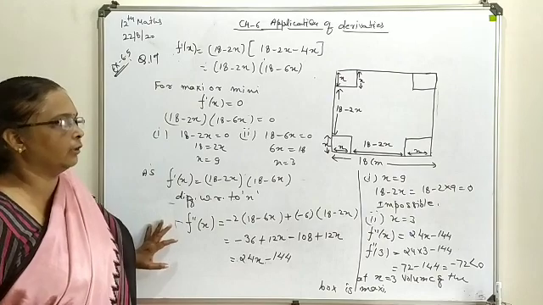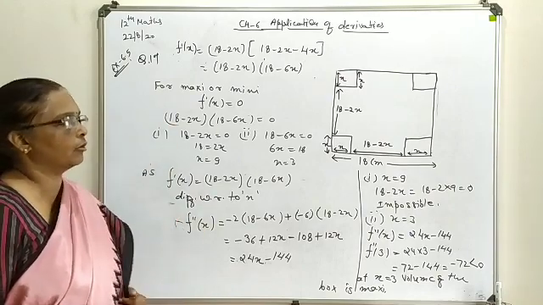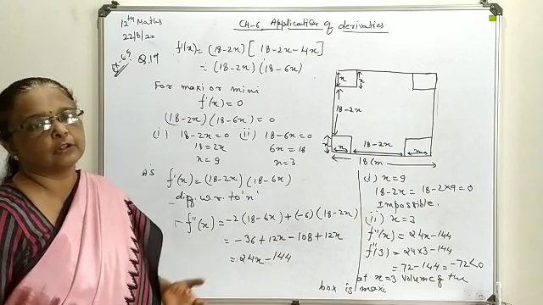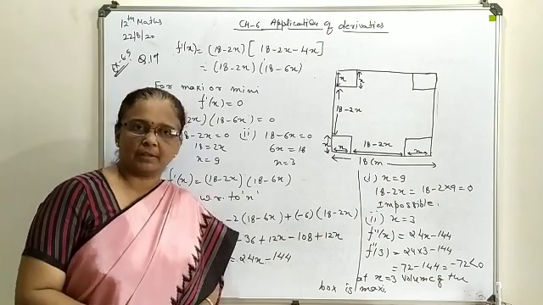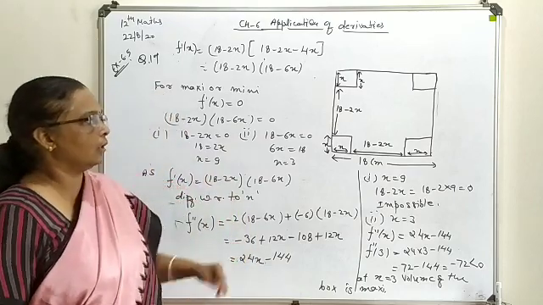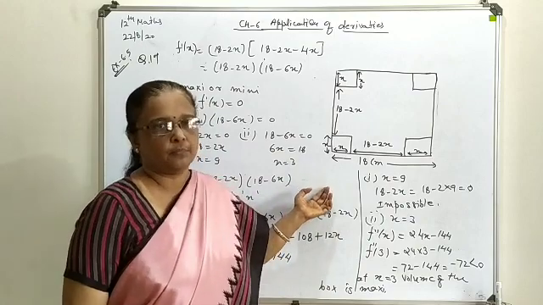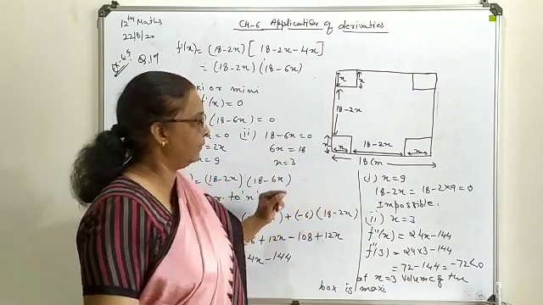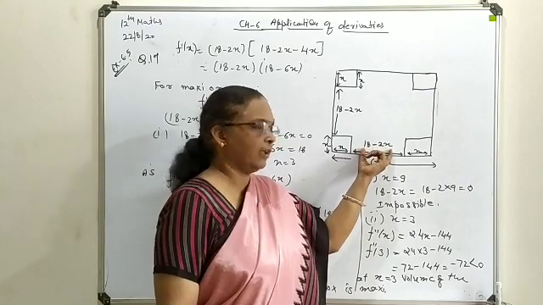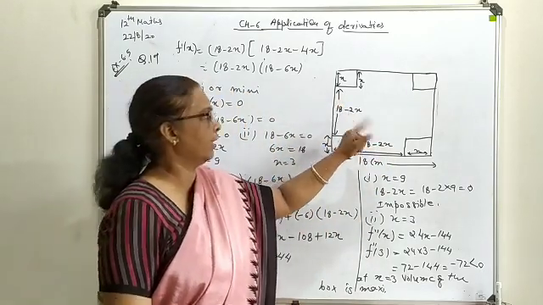So this is the method you have to follow for different types of questions which are based on the application of a derivative. If you go through the next question, that is question number 18, only one change you will have. In place of this square sheet, you are having a rectangular sheet. So only one change you will have. Your length will have a different length. This width is also having a different length. Here both were carrying the same.